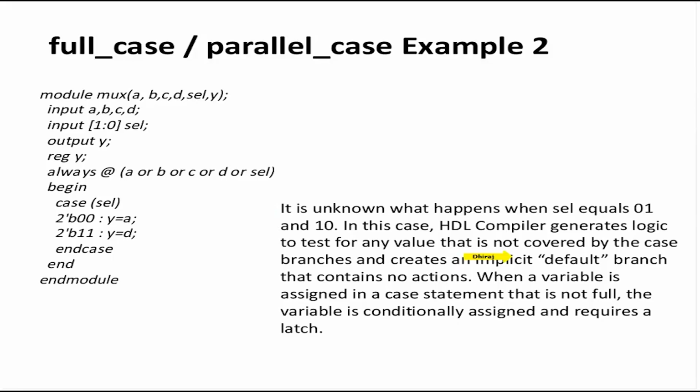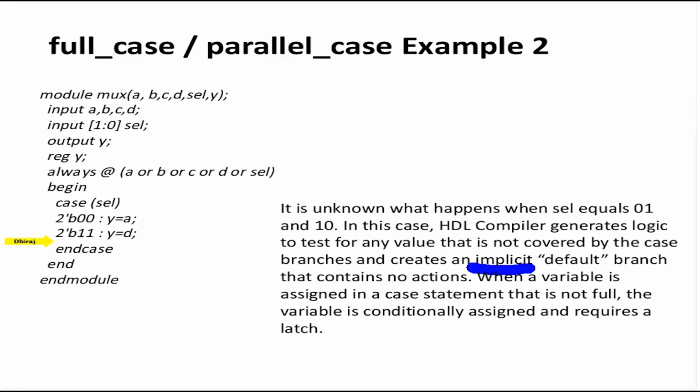The keyword is implicit. It will assume a default branch and it will try to make sure that Y here remains unchanged. That is why it will use latches. What you can do to correct this case? Use a default branch.